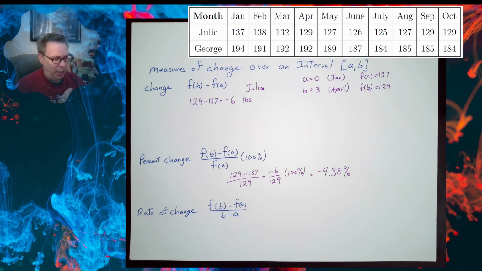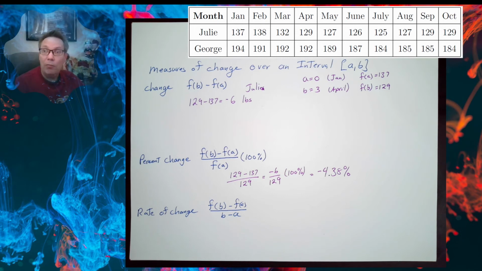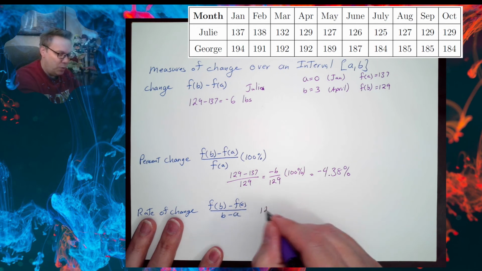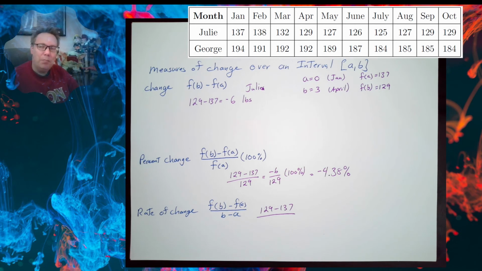Now what about this rate of change? Well, rate of change, we've talked about this in the past, and the units for this are going to be a ratio of units. And we'll see after we're done that this ratio makes sense. So for Julie, f of b minus f of a is 129 minus 137, but now we're going to divide by b minus a.